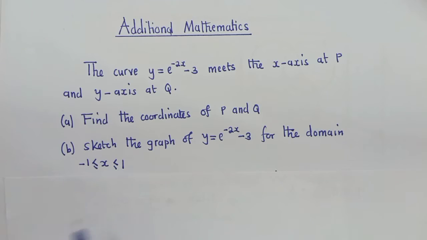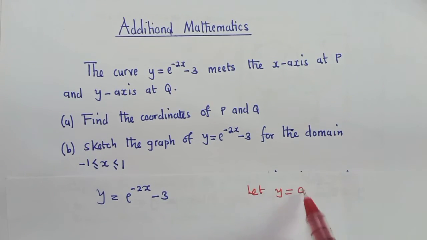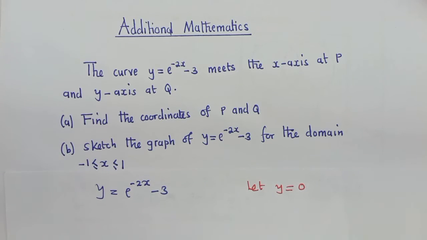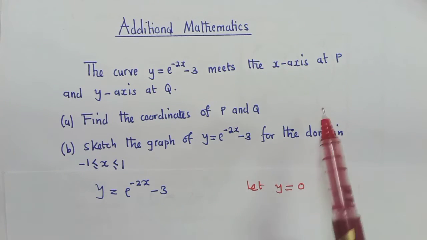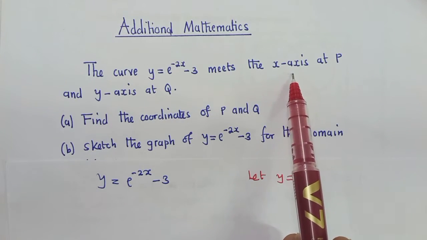So to find the coordinates of P and Q, we first copy the curve and then we let y be equal to 0. For y equal to 0, we want to find the point P, right here.